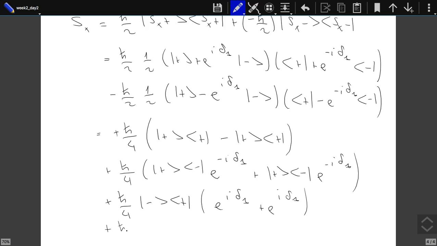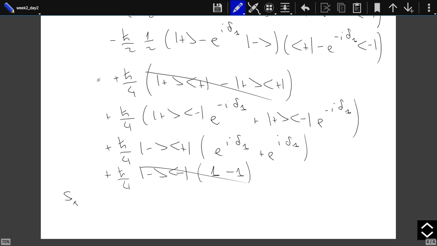And then I have h bar over 4 times the minus term. From the first line, I get a coefficient 1. From the second line, I get a coefficient minus 1. So the first term and the last term just cancel.